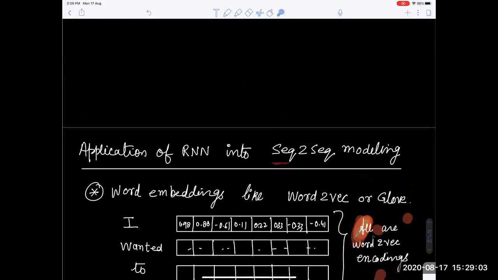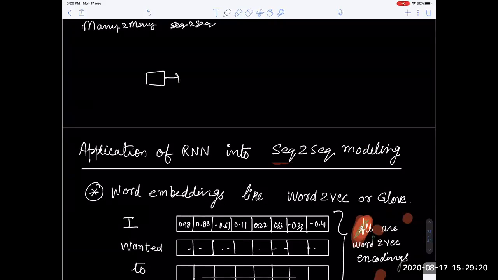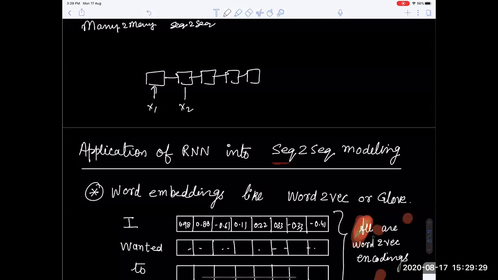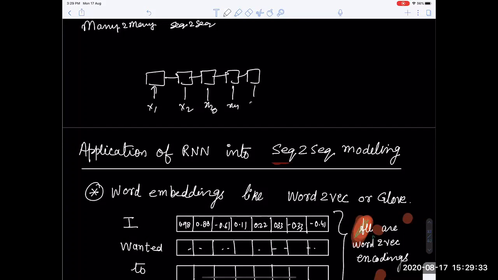Now let us see this once again. There is another model called the many to many model. I am having a language to language translation, a sequence to sequence translation. I have a recurrent unit that keeps on unrolling like this. I am showing x1, x2, x3, x4, and x5.